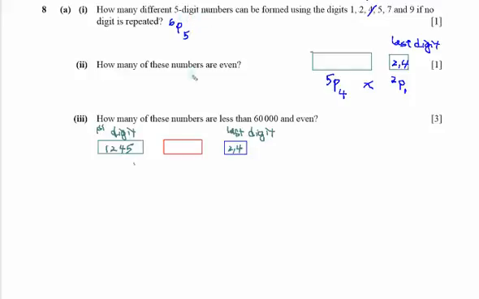But since it's a 5-digit number, you only need 3 here. So it's 4P3, no restriction here. There are 2 choices for the last digit, either 2 or 4, times the 5 choices for the front digit, times 4P3. This will be the number of arrangements which meet this requirement.